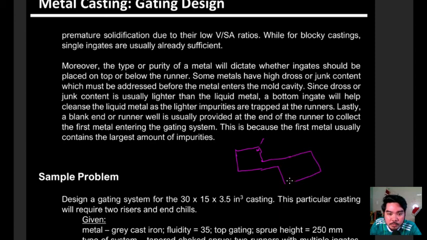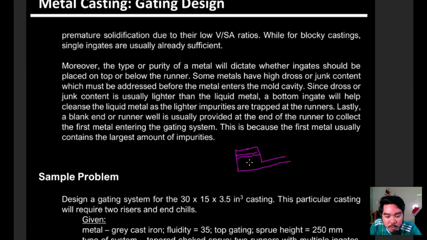So, the difference is we usually want a top in-gate. A bottom in-gate is necessary if we want to trap impurity. Again, we said impurities are usually lighter, so when the metal is flowing and it has impurities, this is the metal, here is our impurity.